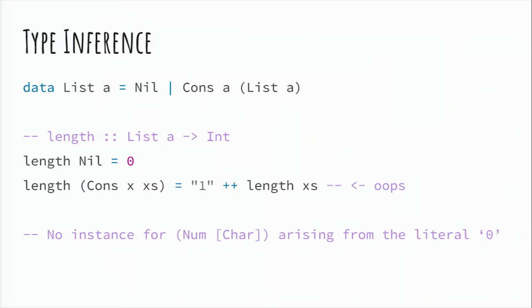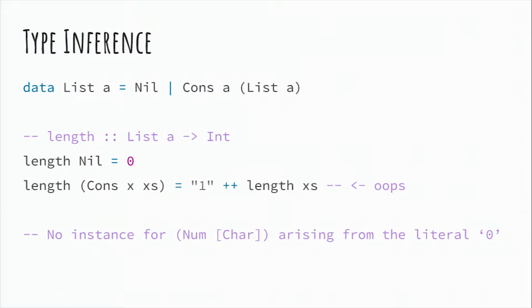And Char between brackets is actually just a char list, so a string. And it says, so there's a string there because you use the double plus, which is string concatenation. So the result of the second line is string.